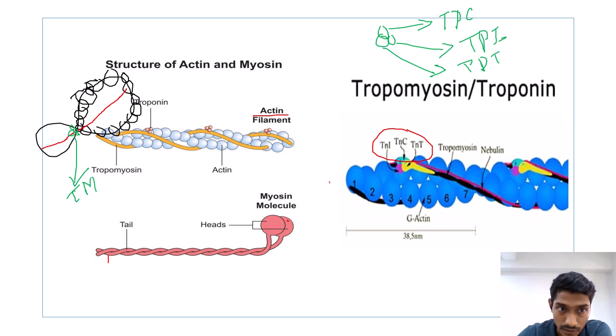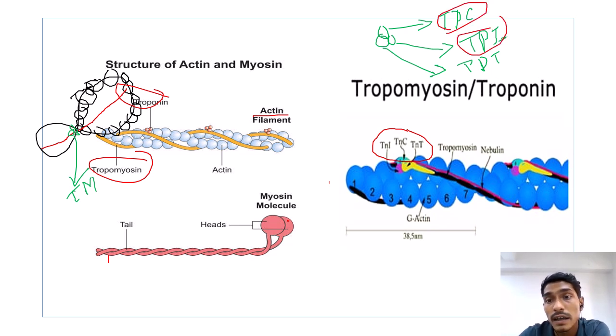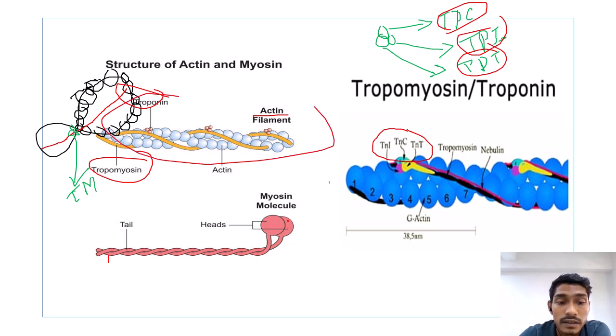The bubble-like shapes are called globules, and the yellow line is called the tropomyosin. This is troponin. The three proteins are called troponin. Troponin is also called a trimeric protein, made of three proteins: TPC, TPI, and TPT. This whole structure is called actin.